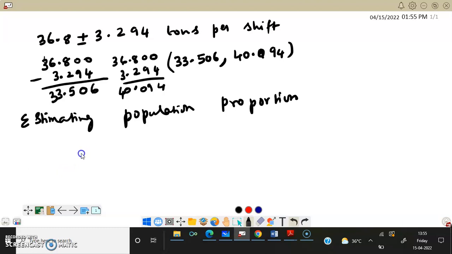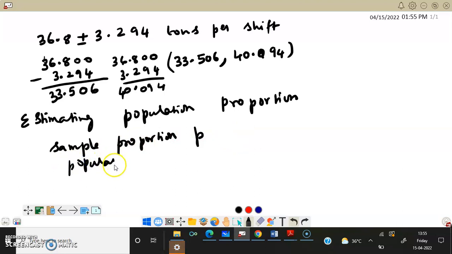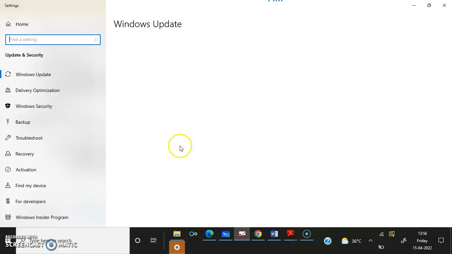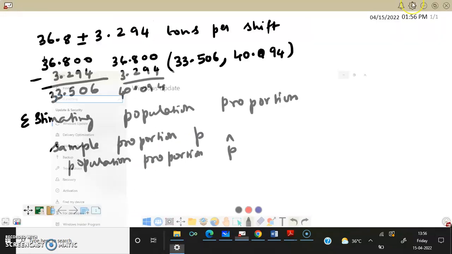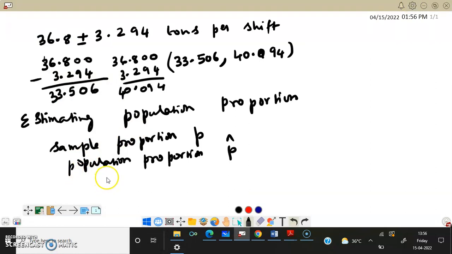The sample proportion P of the units that have a particular characteristic is the best estimator of the population proportion P. We are going to estimate the population proportion, and the sample proportion is the best estimator.